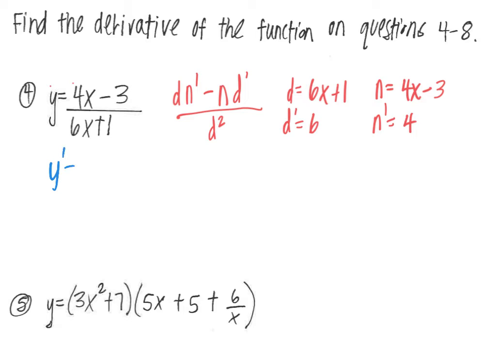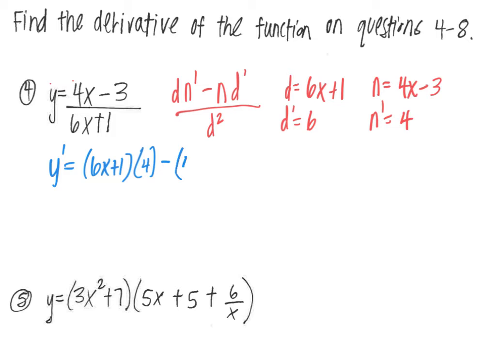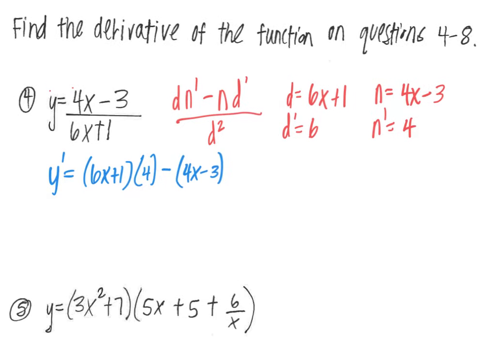So y prime is 6x plus 1, derivative of the numerator, which is 4, minus the numerator, 4x minus 3, times the derivative of the denominator, all over the denominator squared.